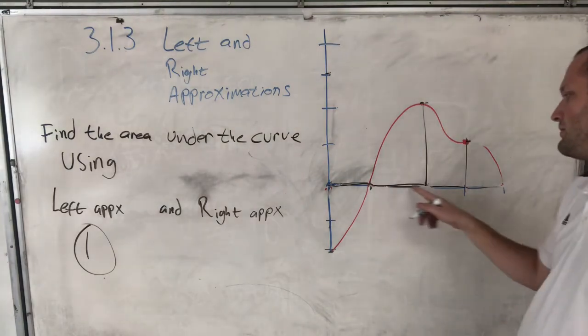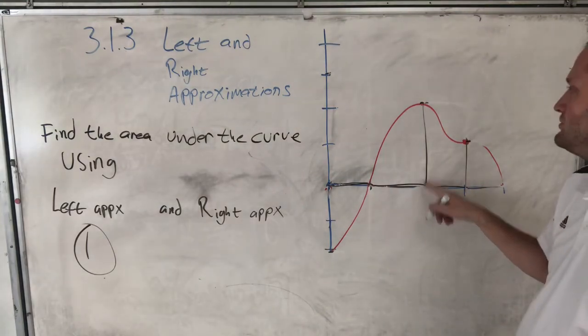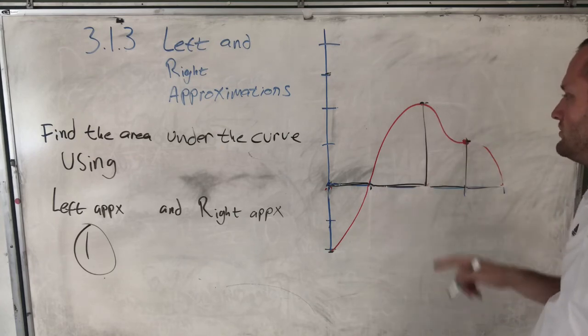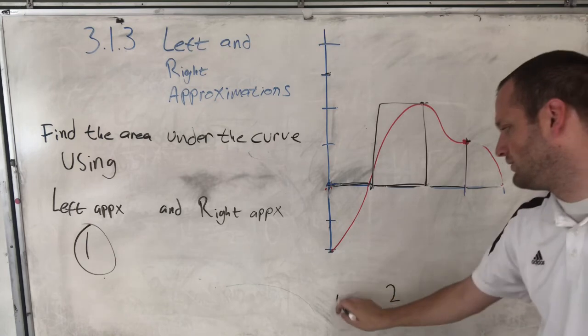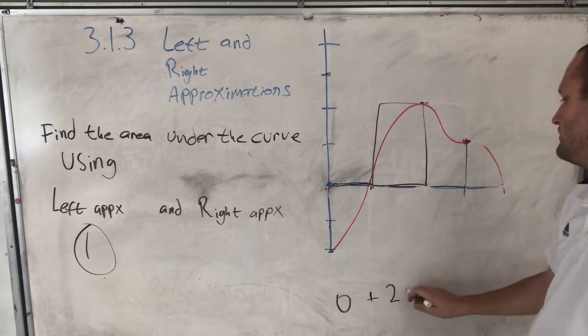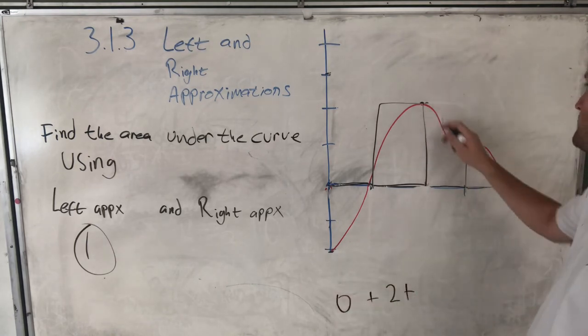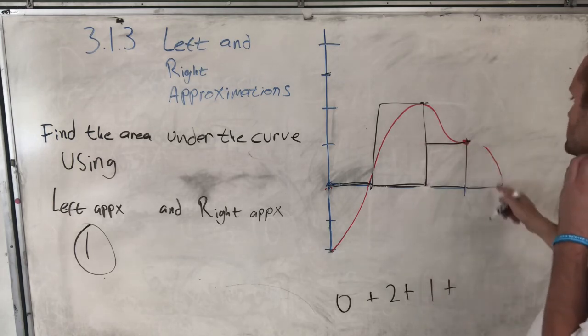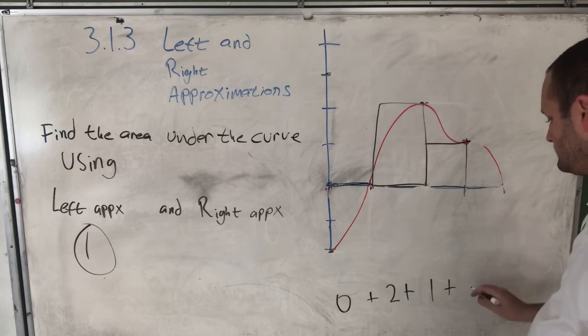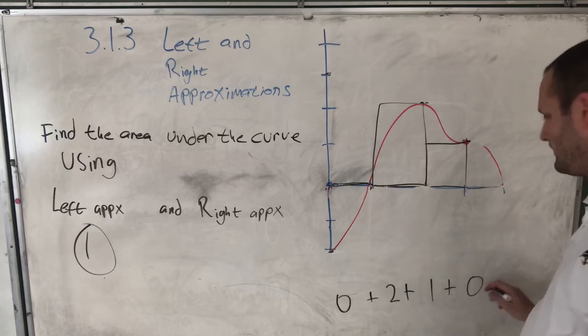And then here, the rightmost point is 2. 2 by 1, I should say. This is the value of 2, so we've got 0 plus 2 plus the rightmost point on this curve is 1 plus 0 gives us a total value of 3.